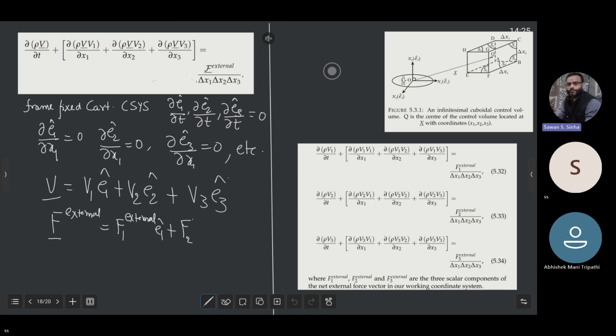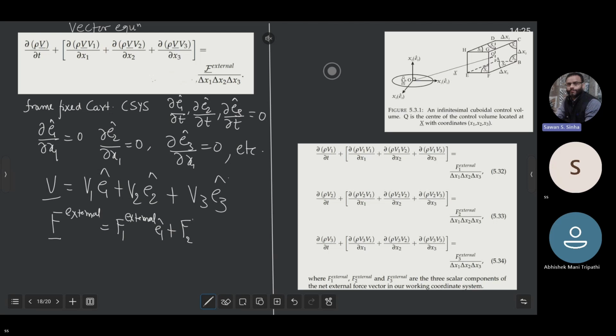Okay, before I talk more about F external, what I am showing you in this slide is a vector equation. Do you agree with me? Vector equation like F vector equals mass times acceleration vector. I call that a vector equation.